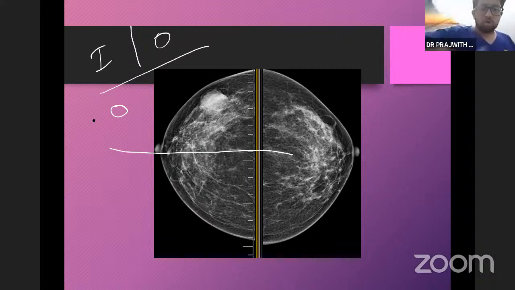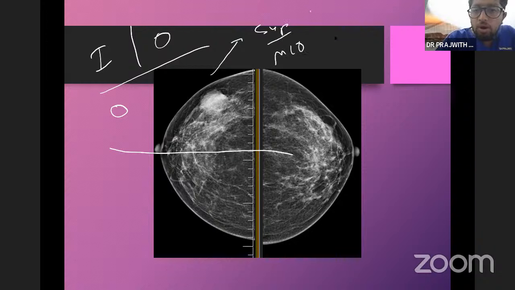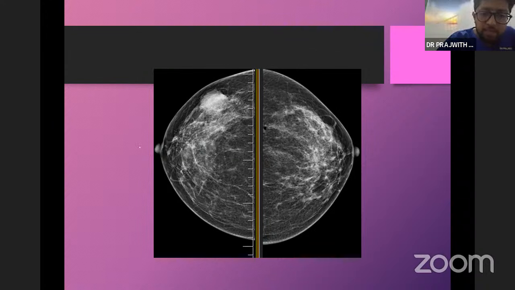In a mediolateral oblique view, the upper half is always lateral. The upper aspect is either superior in the mediolateral oblique view or outer in the craniocaudal view. So we divide the breast into outer half and inner half.